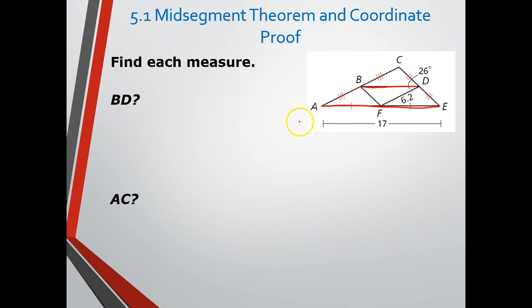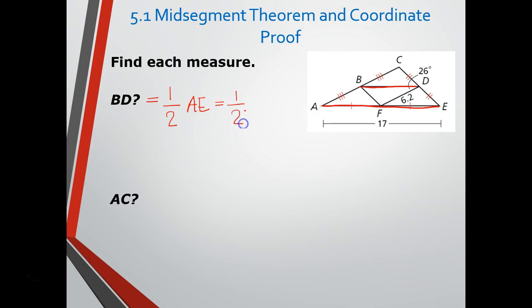So how the theorem goes, it says that BD, even though it has a question mark, I'm going to write is equal to 1/2 of AE, the side that it is parallel to. And we know the measurement of AE.